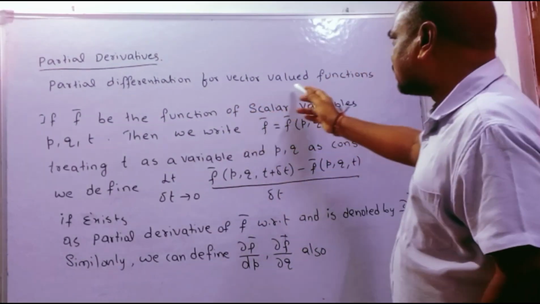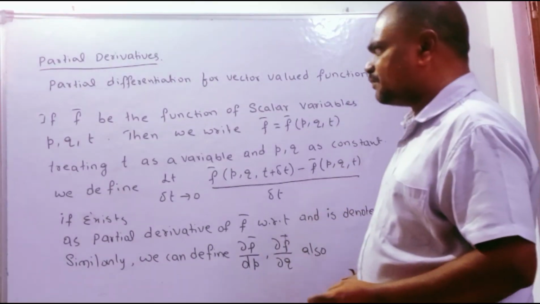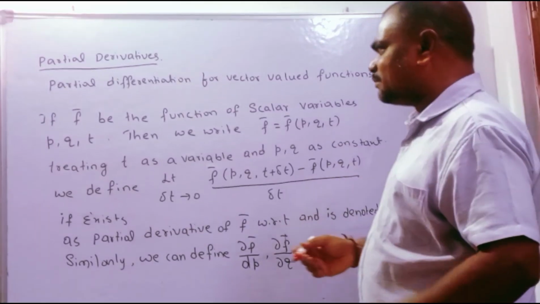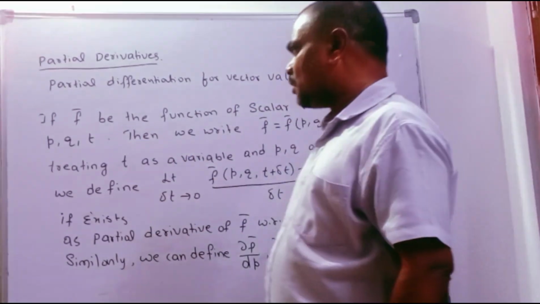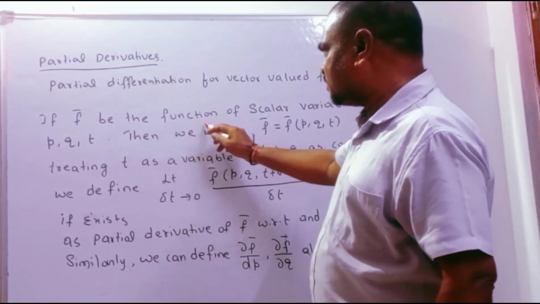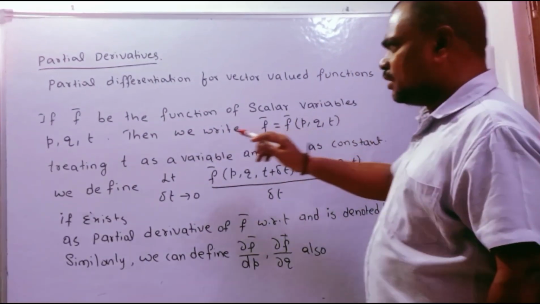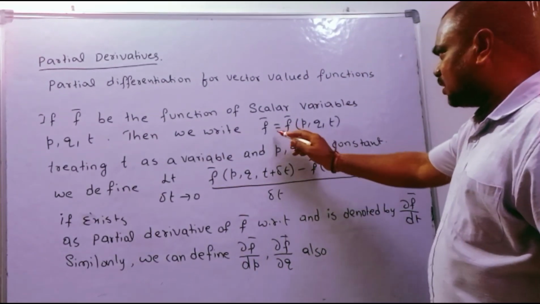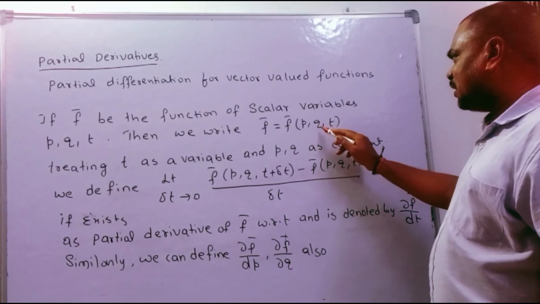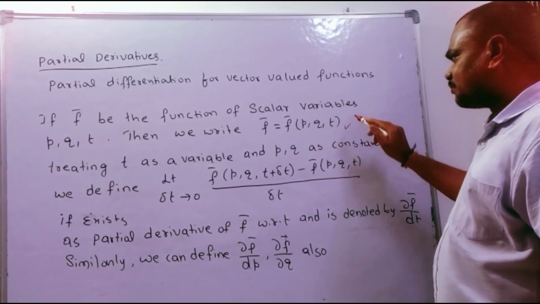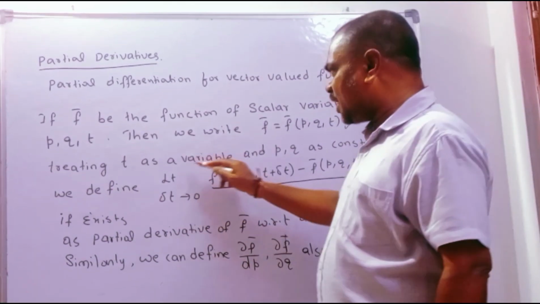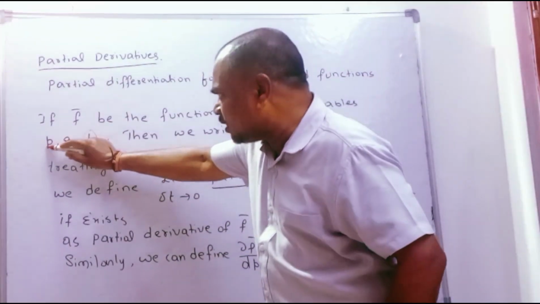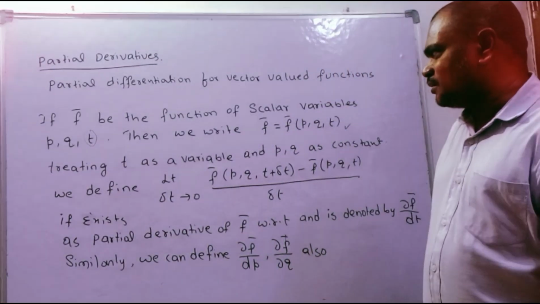Partial derivative for a vector valued function: if f bar is a function of scalar variables p, q, t, then we write f bar equal to f bar of p, q, t, treating t as a variable, and the remaining p, q are constants.